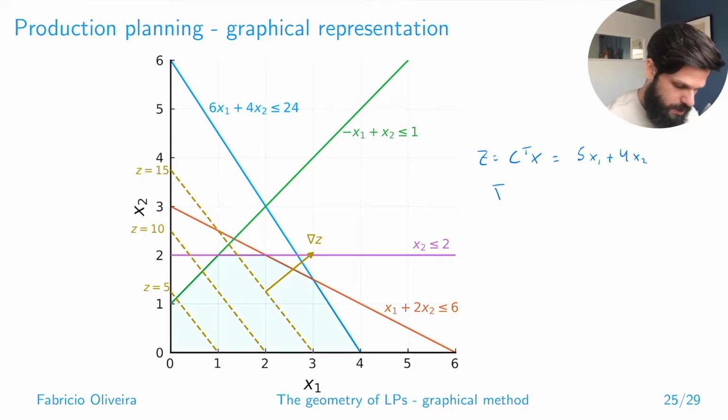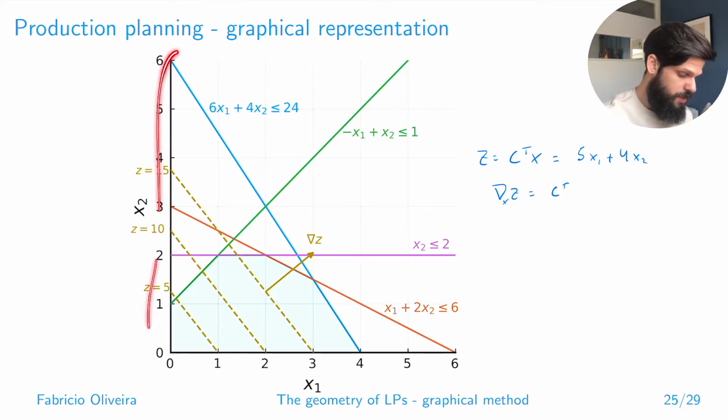So the gradient of z in x is actually this vector c, meaning that if I want to increase z, what I have to do is simply walk in the direction of c. And c, because it's a linear problem, it turns out that this thing is constant throughout the region I'm interested in.